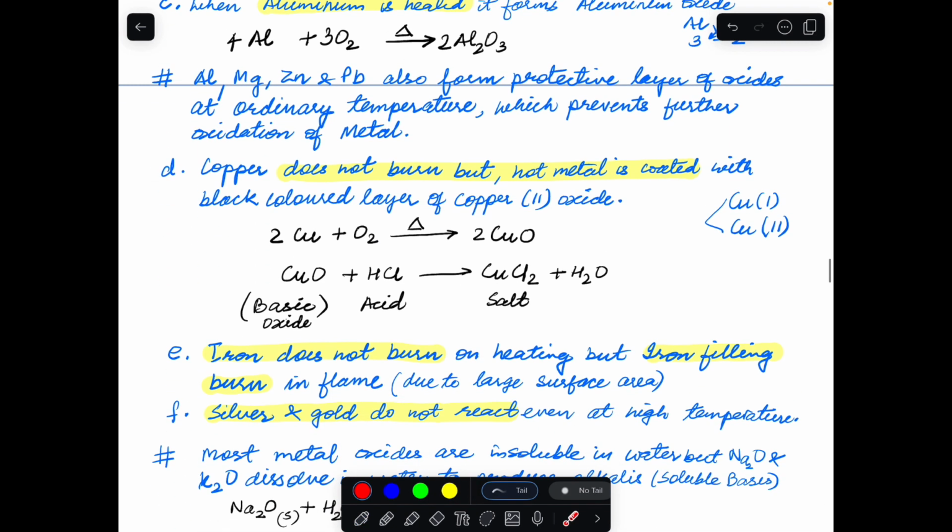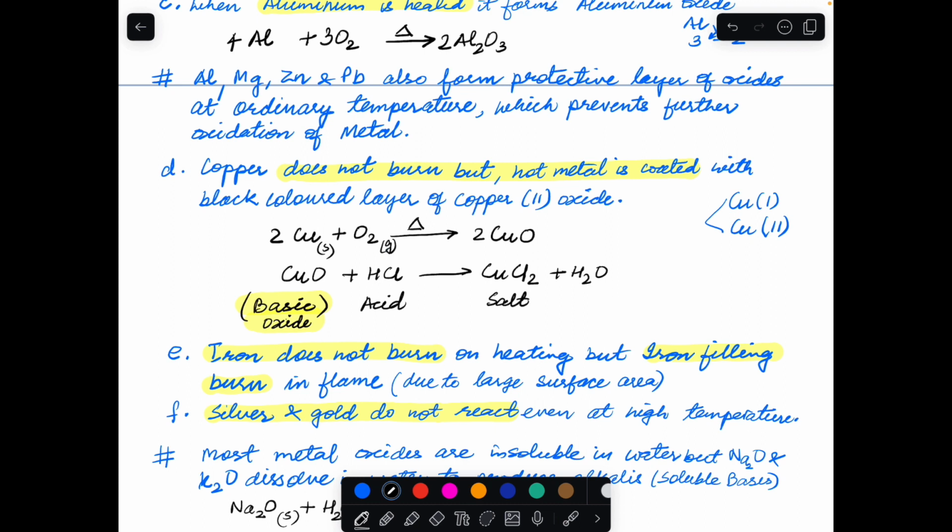In the case of copper, we will show the reaction. Copper reacts with oxygen to form copper oxide, and this copper oxide reacts with acid to form salt and water. That means this copper oxide is basic in nature. This is a basic oxide. Here we can show the physical state of all elements. Copper is solid, oxygen is gas.